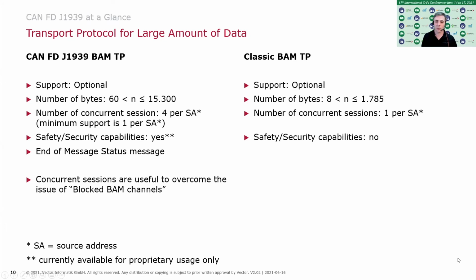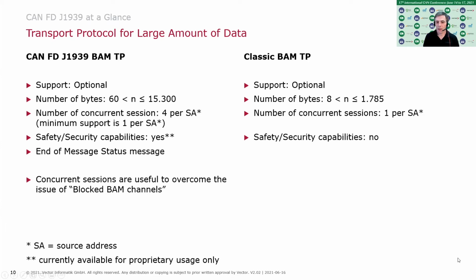Compared with classical CAN, this is an extension, so you can transfer more information. This may help especially with the DM1, the diagnostic message 1, since if there are more issues on an ECU, it is likely that you have to transmit more than 1,785 bytes. So there's a little bit of help.